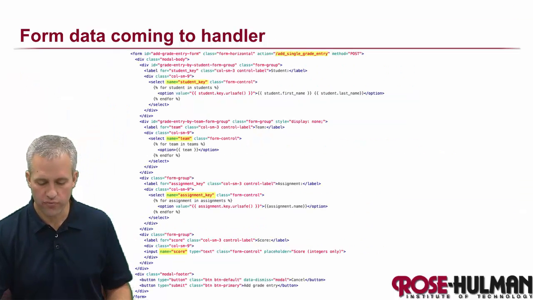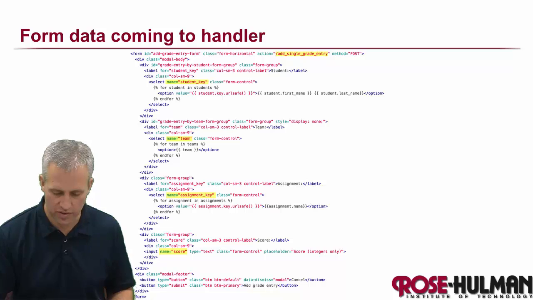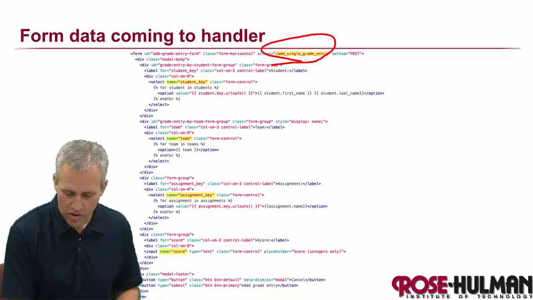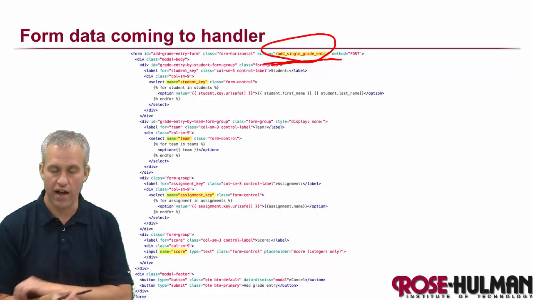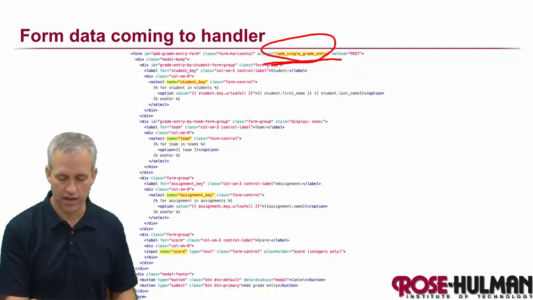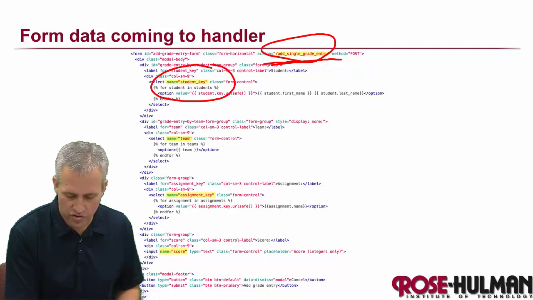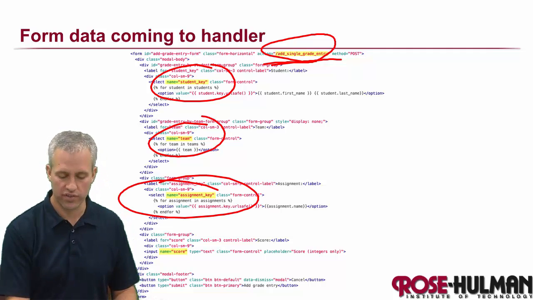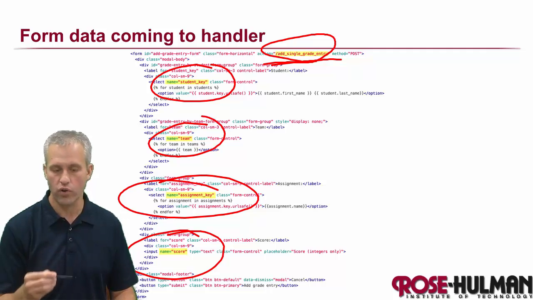If we wanted to look at the form data that comes in, I'm sure that this is kind of hard to read, but you can see that there's a path, which, if you look at the static version of the file, is add single grade entry, but there's JavaScript that changes that. And then you're going to pass in a student key or a team, and you're going to always pass in the assignment key because you have to know what assignment it's for, and you're going to always pass in a score.